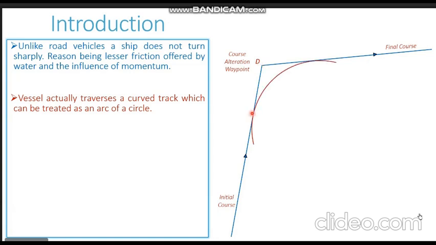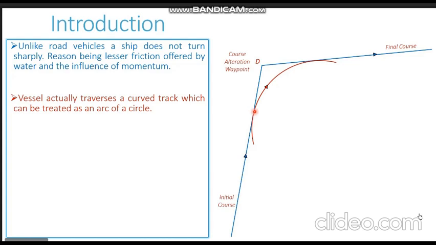Let us now show the curved path on which the ship actually moves. You can see this maroon color arc. Now this is the actual track on which the ship will be moving when it is altering its course. The vessel will be initially moving on the initial course up to this particular point, that is this tangent point of the arc.